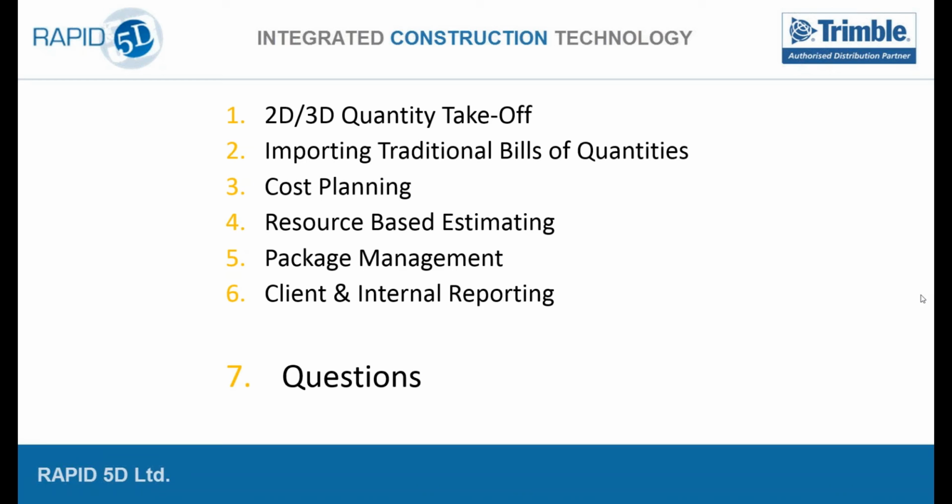Is there a quicker way to import bill of quantities? There can be. Once you've set that template up, you could potentially do it in 4 clicks of a button if you're getting the same bill of quantity templates in every time, in the same format. It's really just a case of narrowing down the variables in that process.